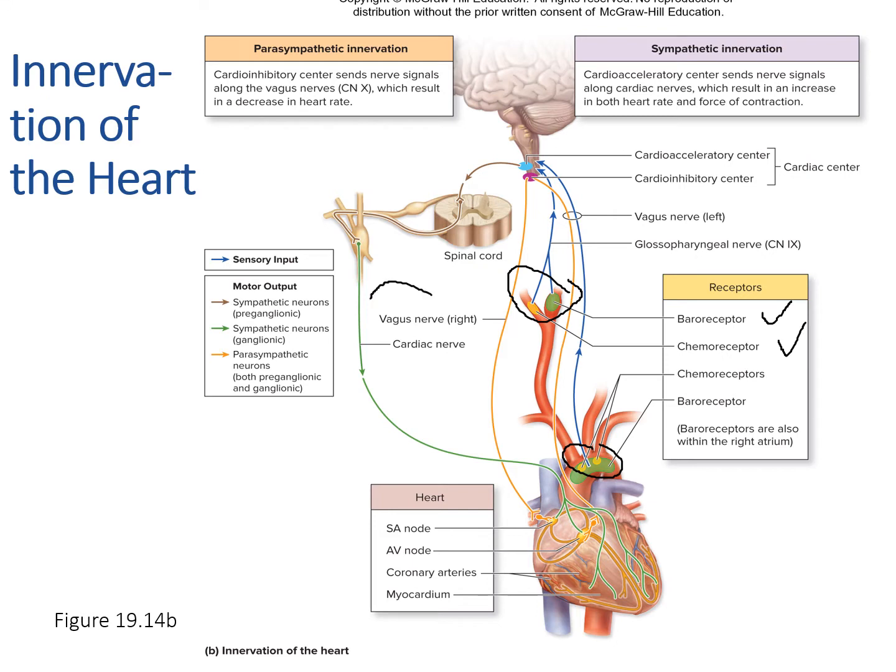The vagus nerve slows down our heart. The sympathetic nervous system can speed up the heart, and that is direct by stimulating the heart itself, and sometimes indirect by adjusting the blood vessel caliber.